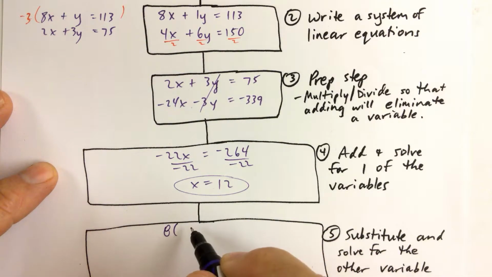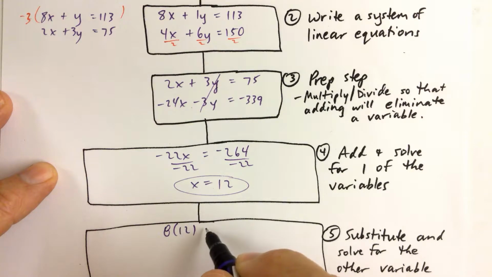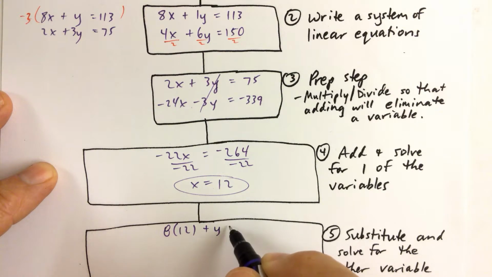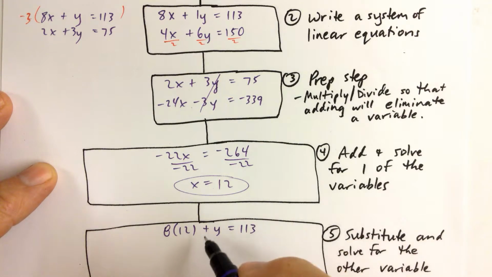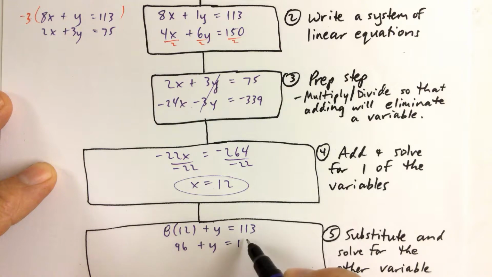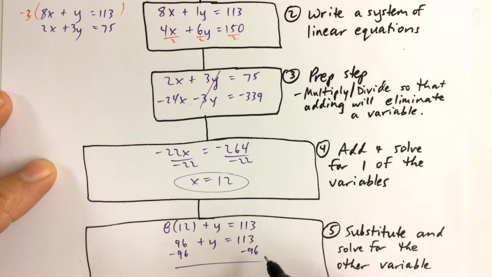We replace x with 12, so we get 8 times 12 plus y equals 113. And 8 times 12 is 96. So we get 96 plus y equals 113, and when we subtract 96 from both sides, we get y equals 113 minus 96, which is 17.